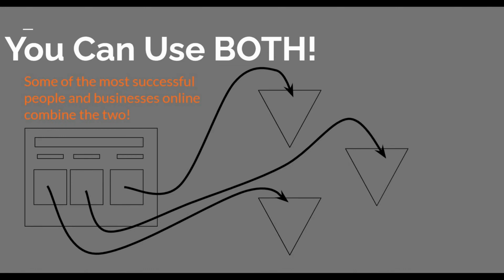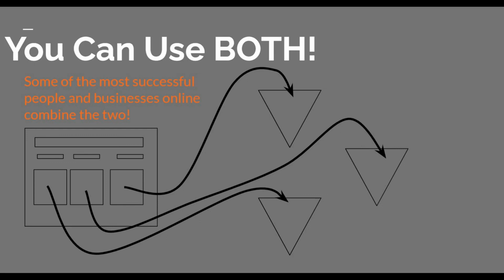So in the little drawing on the screen, you'll see on the left, there's a website, and you can set it up like a normal website and just have the image and picture. And if people want to learn more about a product, they click it and it takes them over to a sales funnel. So the sales funnel is going to get you all of the selling and get you the higher average cart value than a website would.